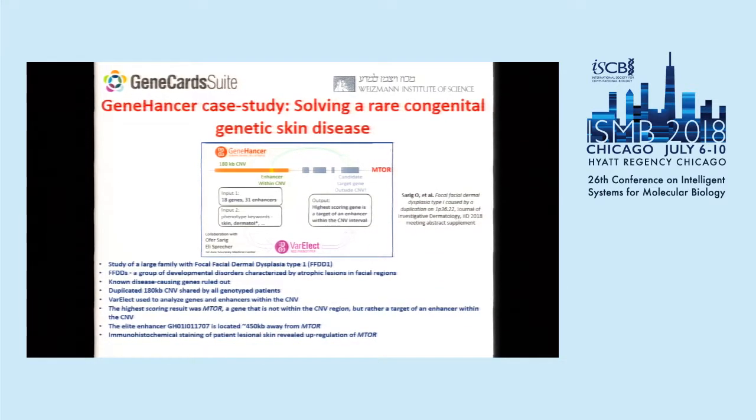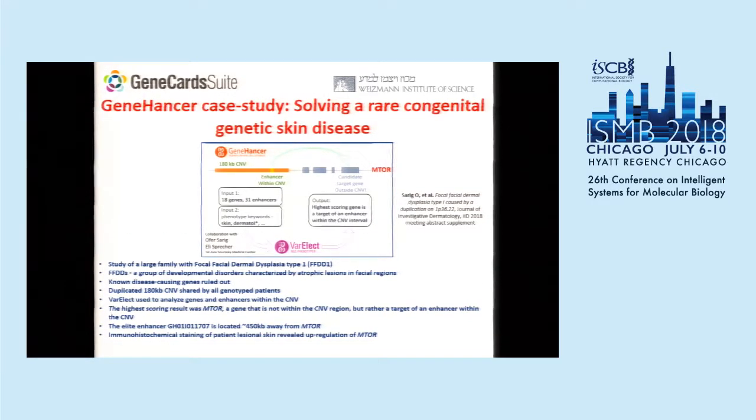It's a study of a large family with FFDD1, focal facial dermal dysplasia type 1. These FFDDs are a group of developmental diseases characterized by lesions on the face. The first thing they tried was to look at the known disease-causing genes, because there are many different types of diseases in this family, and those were ruled out immediately.